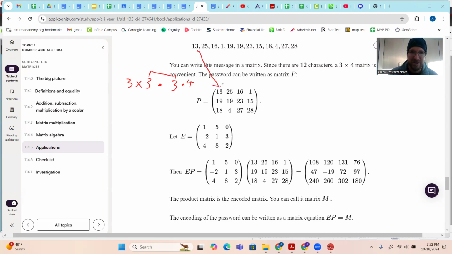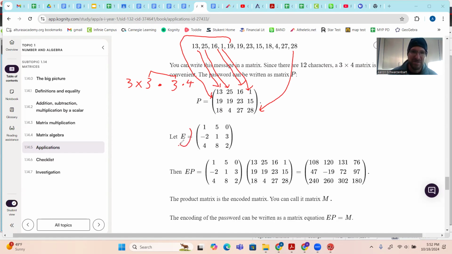So here we get our string, my password 1, 2, being translated like this. 1 here, 19 goes to the next row, etc. 28 here at the end. And again, I think you would just use zeros if you didn't have something.